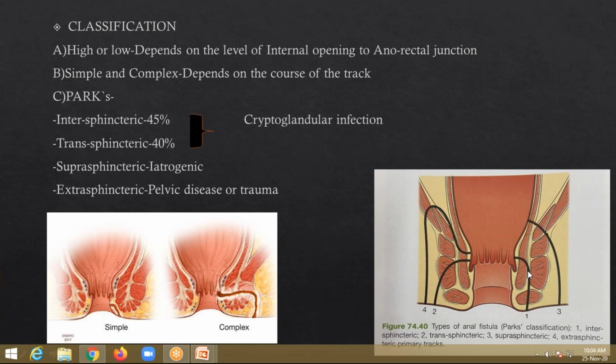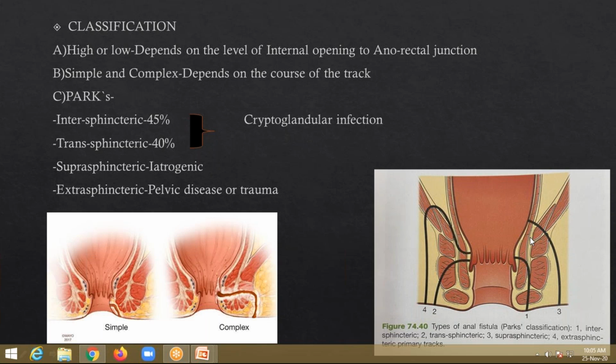From this primary tract, there may be some secondary extensions. It may pass above like this, and it may form a blind-ending secondary tract here, or it may form an abscess here.